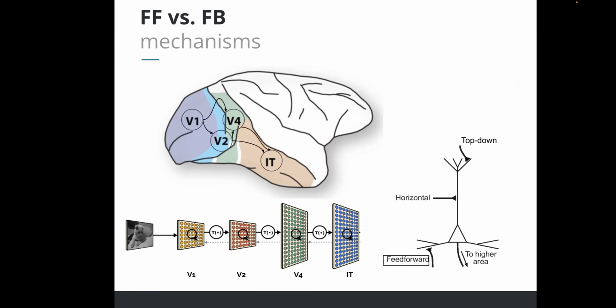And just to give you a bit of terminology, I've been talking about feedforward connections, so running from lower onto higher visual areas. We also consider two kinds of feedback connections: what I'll refer to as top-down connections that run from higher level visual areas onto lower visual areas, as well as so-called horizontal, lateral, local recurrent connections, which run within a processing stage.